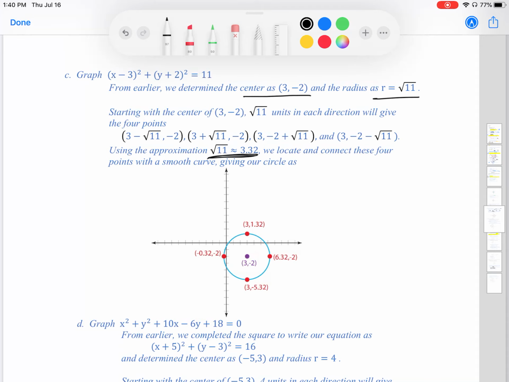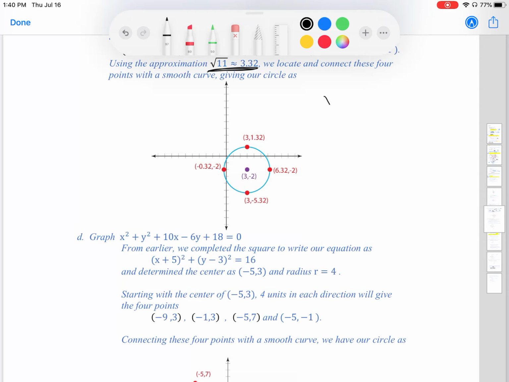So if I want to label my points, I can go ahead and take my x, which is 3, and subtract 3.3. I can also add the 3.3, which is my radius. Take my y, which was negative 2, and add 3.3, and subtract 3.3. And I can find my points that way to get my circle.